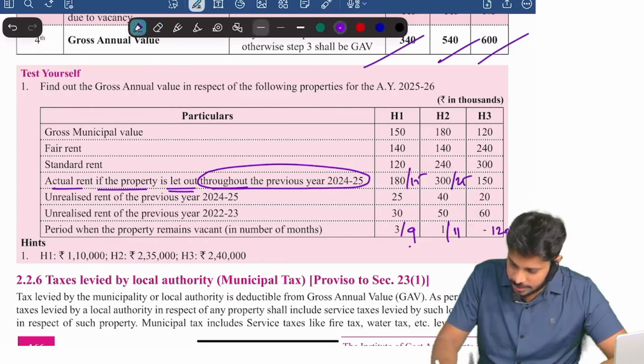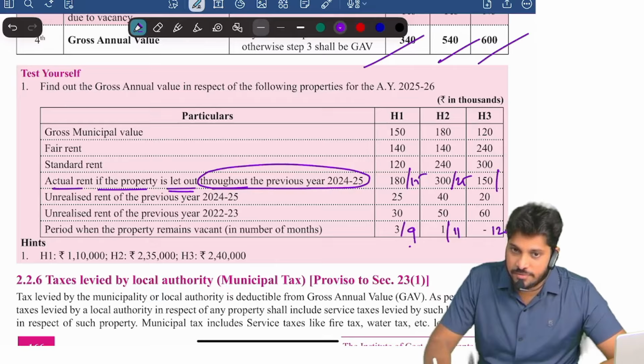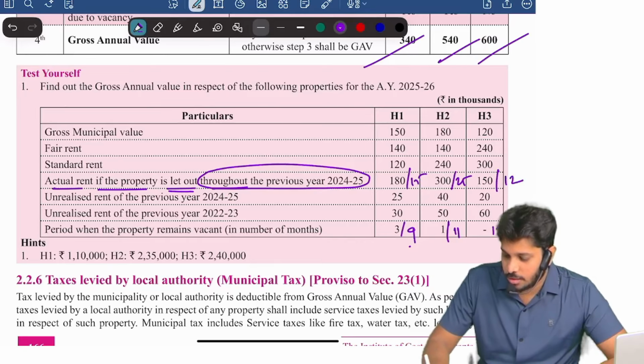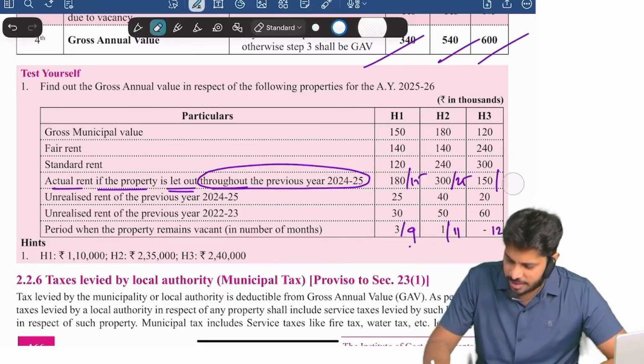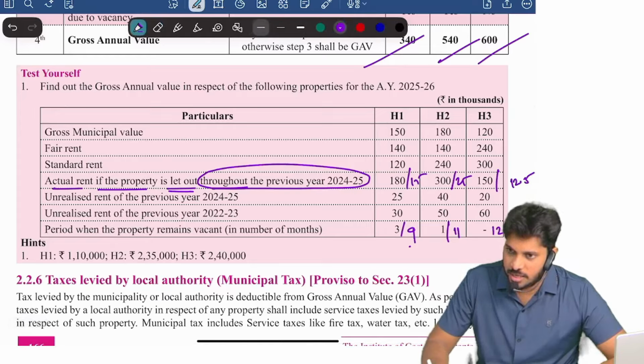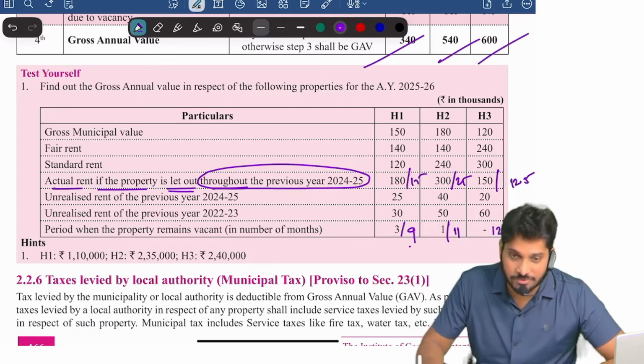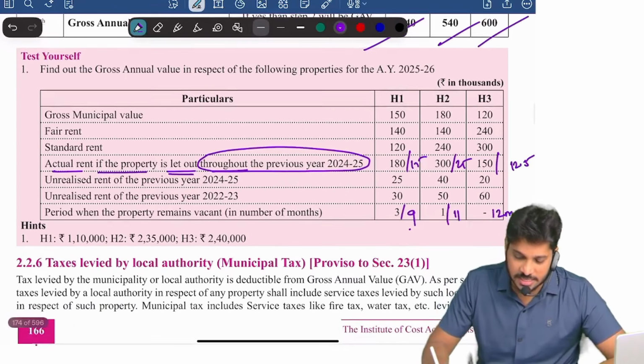This monthly rent is 25. This monthly rent is 150 by 12, you see. How much? Yes, 12.5. No, 25, no, 300 by 12. Okay, fine. So 12.5 is the monthly rent, correct?